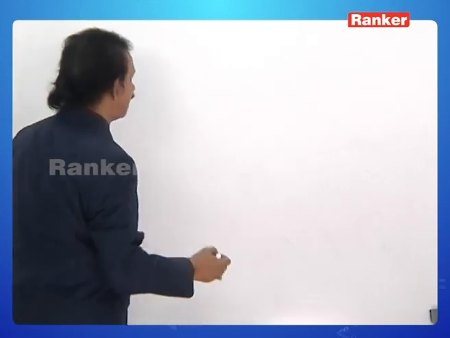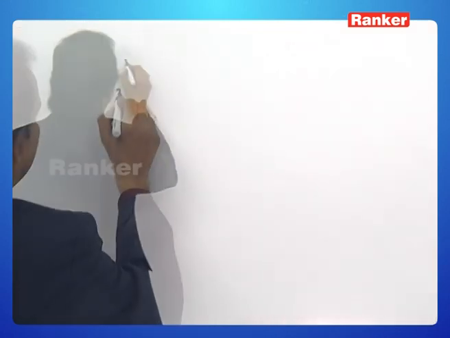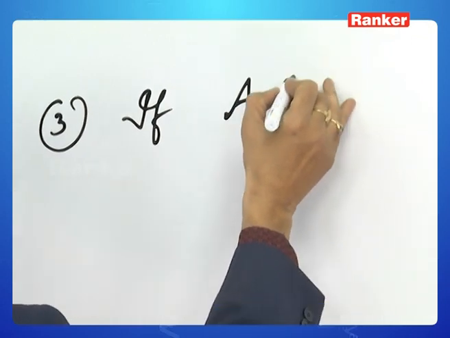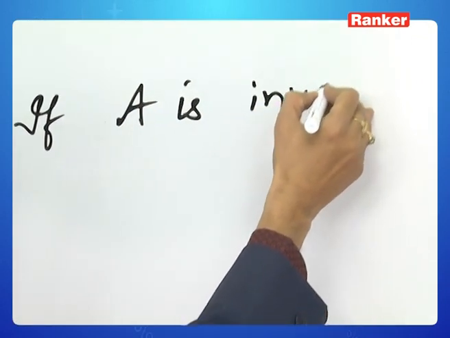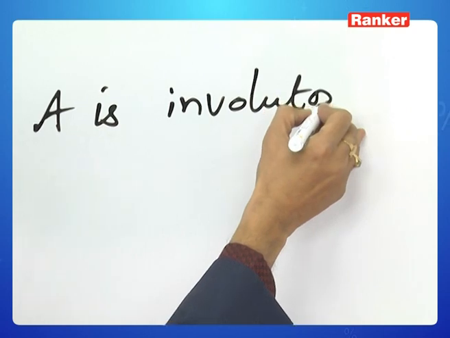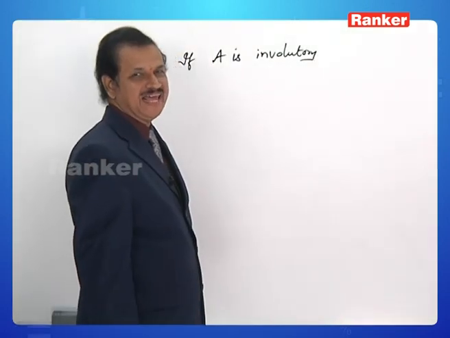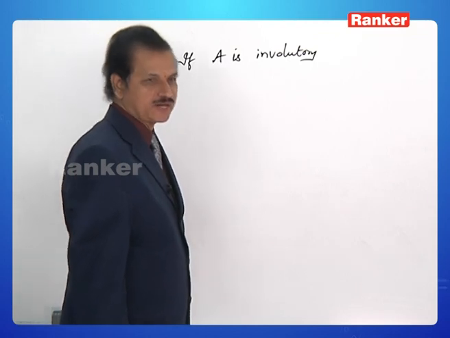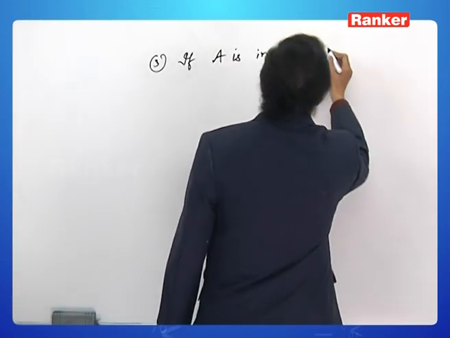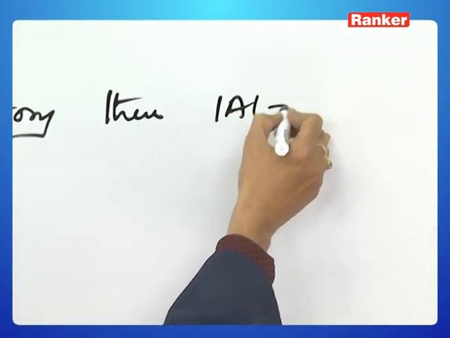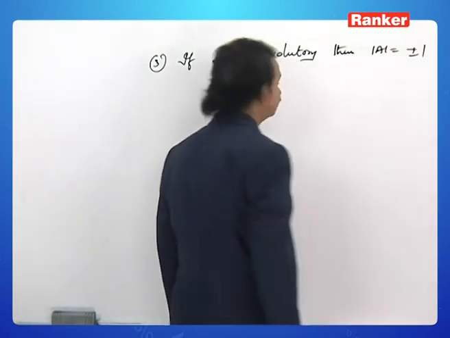The next property, if A is involutory, then det A is equal to plus or minus 1.